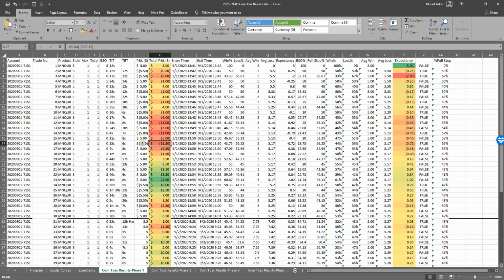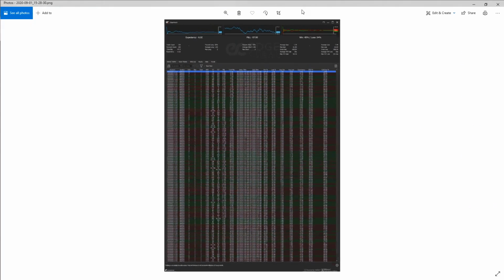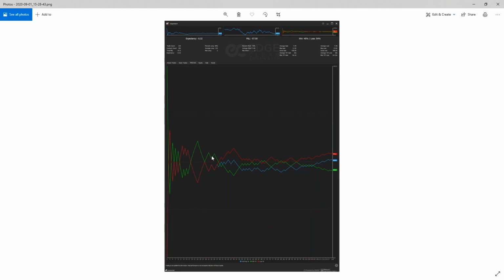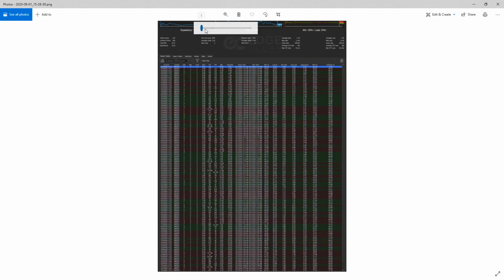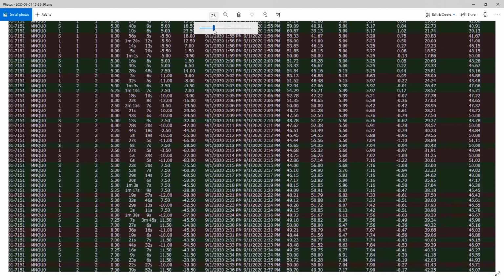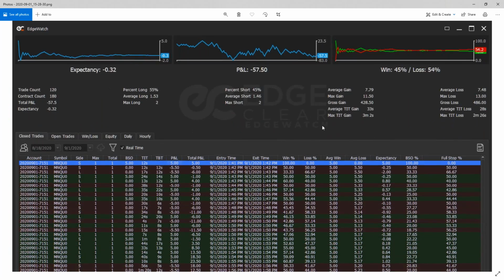Here's the view of all of the trades. This is on the EdgeWatch app, which we're releasing soon to Convergent members on Rhythmic. And what this does is it gives you a breakdown of what's going on, the overall metrics. So this is the first day of me doing this.